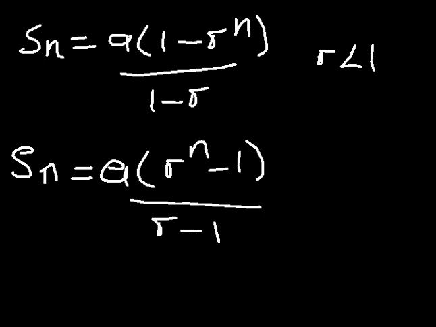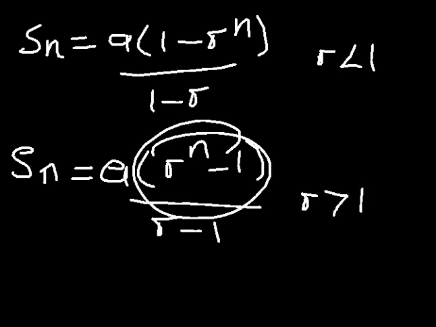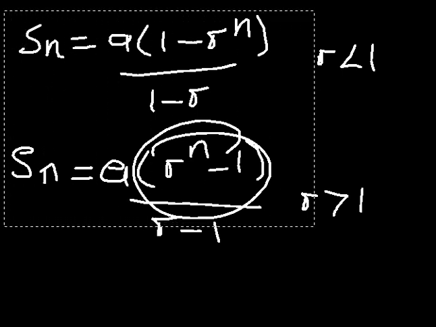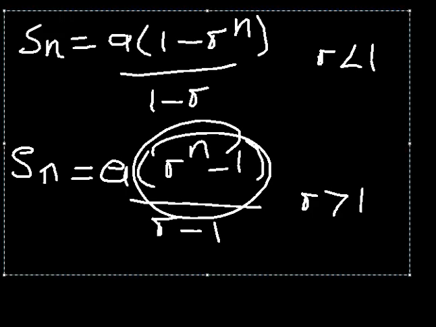And this one is basically used whenever r is greater than 1. So these are the formulas associated with the sum of terms in a geometric progression. We just have to look at the nature of the value of r and see which formula can be used to find the sum of terms. So keep that in mind.